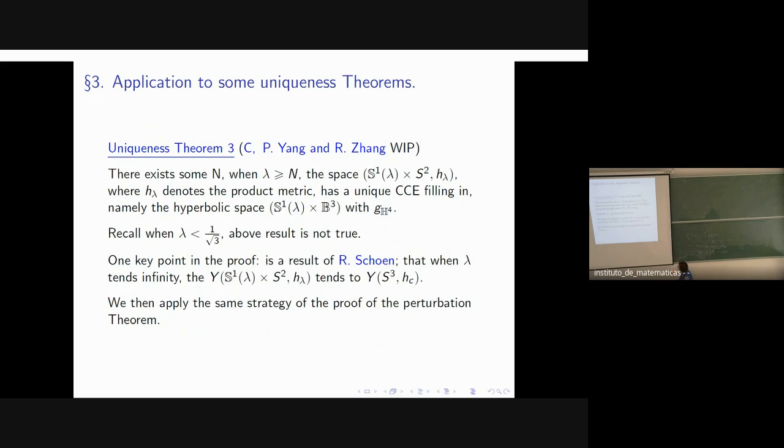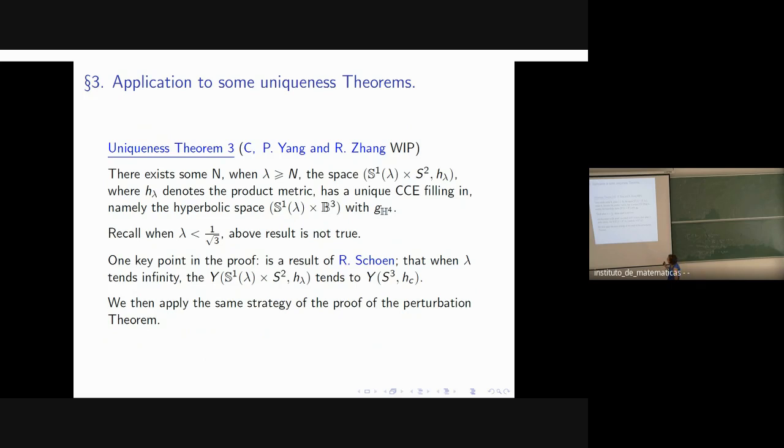The reason why that is true is that in this case, S^1(lambda) × S^2 with the product metric, if one computes its Yamabe constant, the result of Rick Schoen says that when lambda is very large, this Yamabe constant tends to the Yamabe constant of S^3. And if the limit Yamabe constant is the standard one, then our compactness theorem applies.